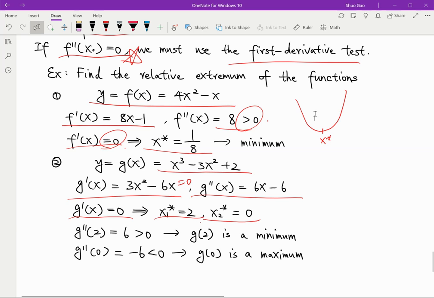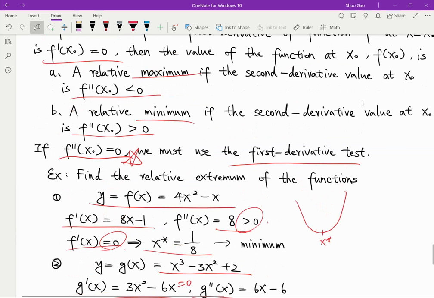The way we check each of them is to plug the stationary point into the second derivative function and find out the sign of that. So g double prime of 2, we plug in the x1 star. So this should be 6 times 2 minus 6, which is 6, a positive number.